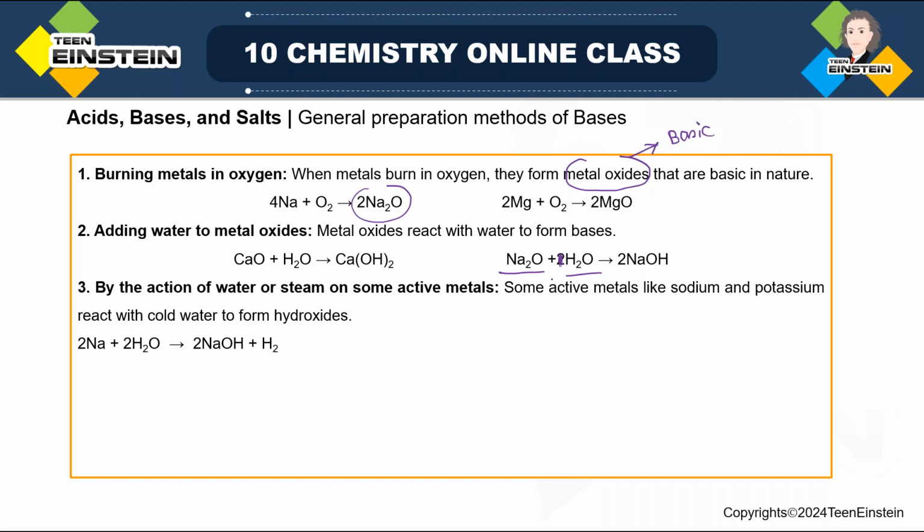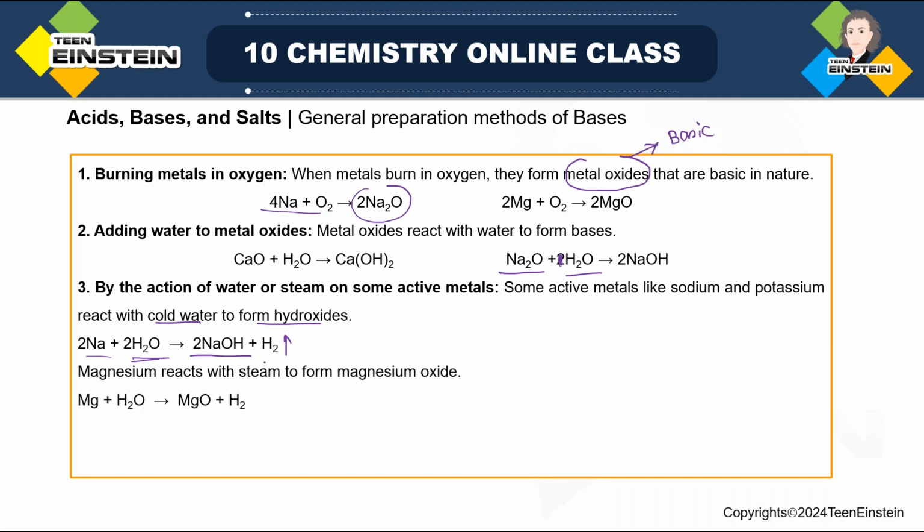Active metals like sodium and potassium are very good examples. They can even react with cold water to form hydroxide. See, we have taken sodium and water. In the earlier equation you saw them reacting with oxygen, but now they are reacting with water, and we are getting sodium hydroxide and hydrogen gas, right?